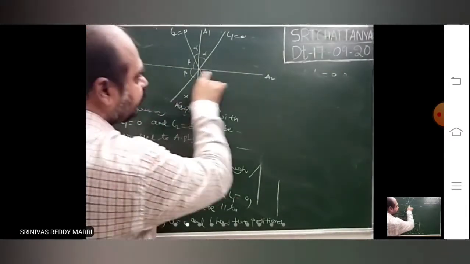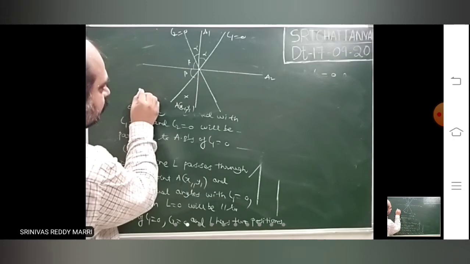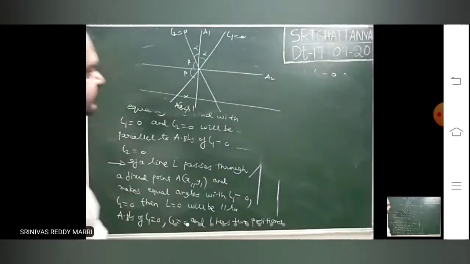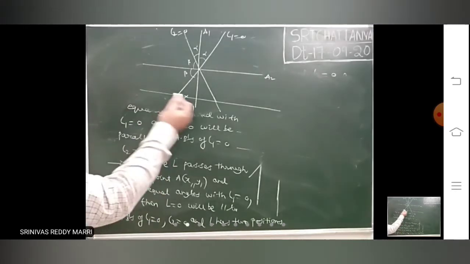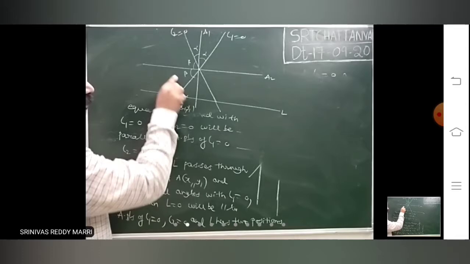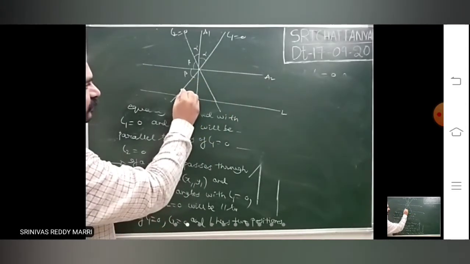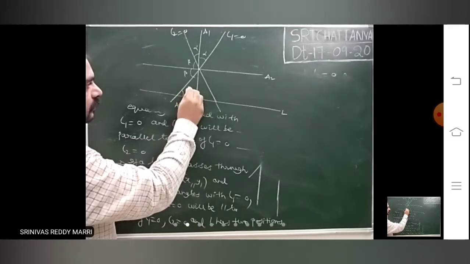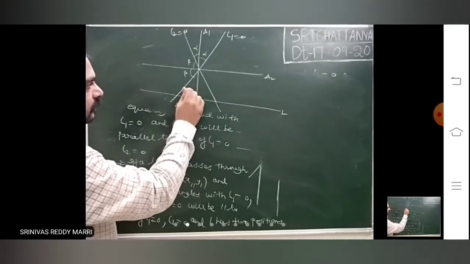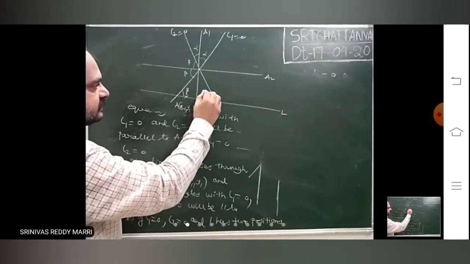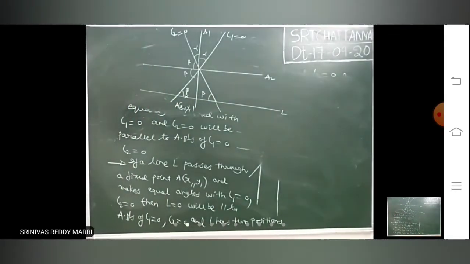Now I am drawing a line parallel to A2 and passing through A. That means this is one line possible, one position. Passing through the point and parallel to this, there will be one position. So this angle is beta. This is one position possible.